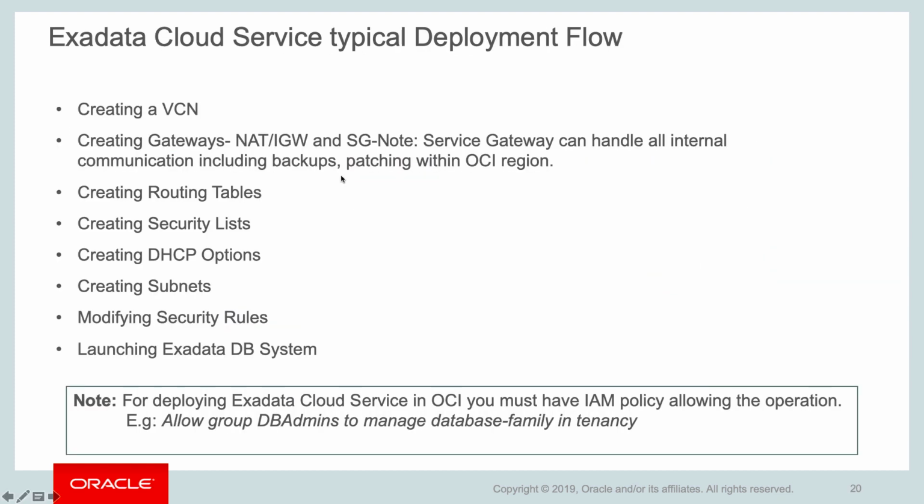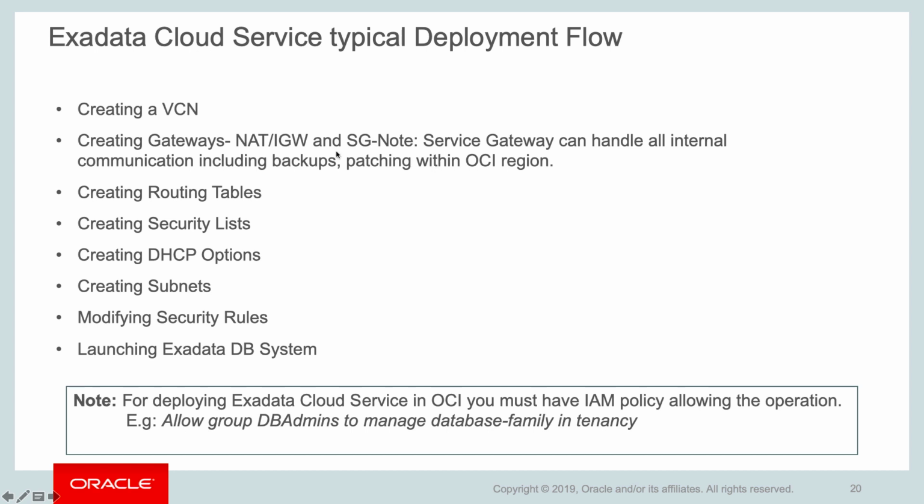So let's take a look at the Exadata Cloud Service deployment flow. First, we start with creating a VCN, which is a Virtual Cloud Network. Then we create a gateway, and this gateway could be a NAT Gateway, an Internet Gateway, or a Service Gateway. One thing to note here is that a Service Gateway can handle all of the internal communication, including backups and patching within OCI regions.